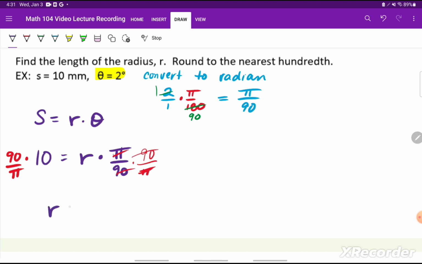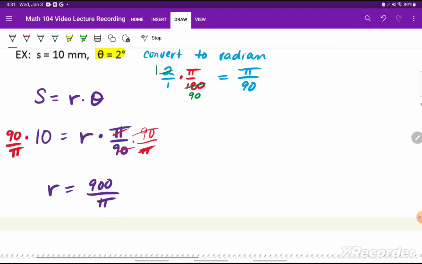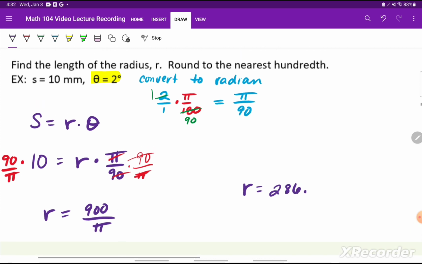It gives us r is equal to 900 over pi, and we're going to round to the nearest hundredth. We get a radius of 286.48, and our unit is millimeters.